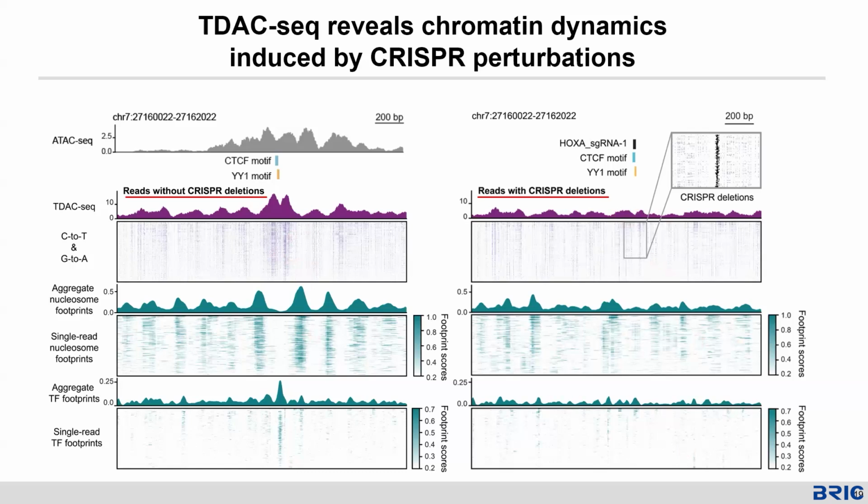This is because CTCF could no longer bind to the locus after deletion of this motif, and this altered the chromatin accessibility and protein binding of this region. Here I want to emphasize that both datasets come from a single experiment, demonstrating that we can computationally separate reads based on the CRISPR edits.